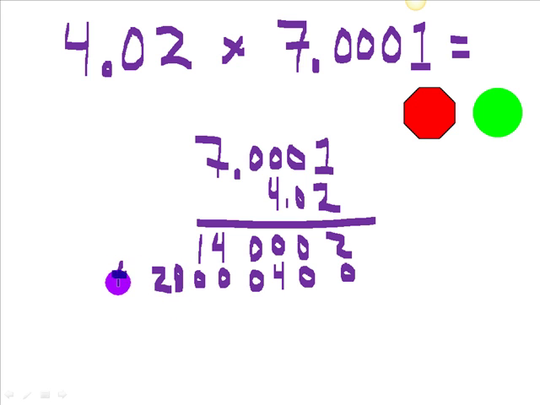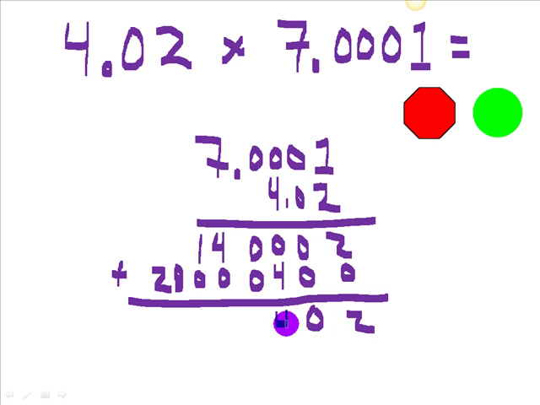Now I come in, and I can add all of this. So I have 2, 0, 4, 0, 4, 1, 8, and 2. But I have to count my decimals now.